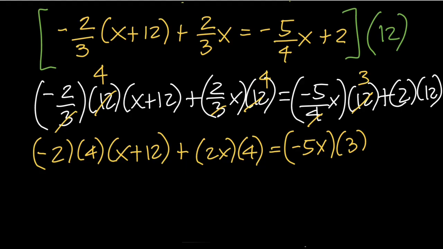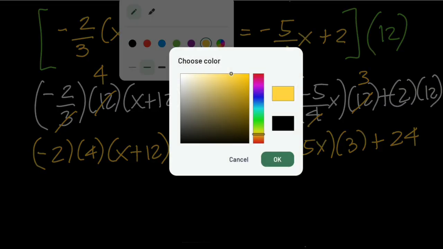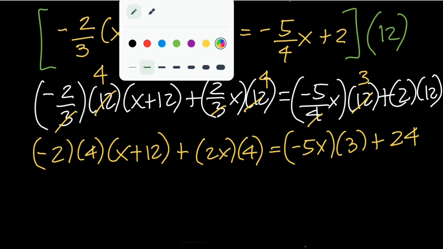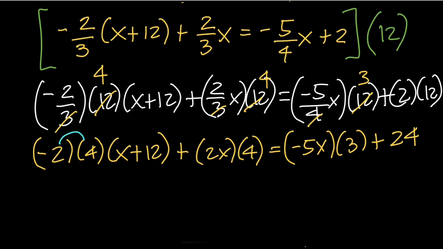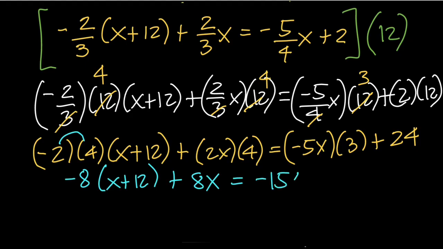So 3 times negative 5x. And then what is 12 times 2? That is 24, right? Okay, then we simplify. Negative 2 times 4 is negative 8 times x plus 12. Then 2x times 4 is 8x. Then negative 5x times 3 is negative 15x plus 24.